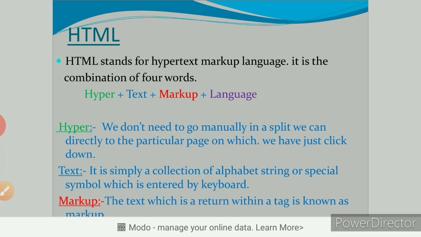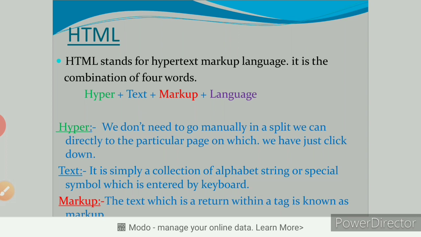HTML stands for Hypertext Markup Language. It is a combination of four words: hypertext markup language. What does hyper mean? Hyper means not linear. Linear means we have to go manually step by step, like reading a book, newspaper or any other printed material.